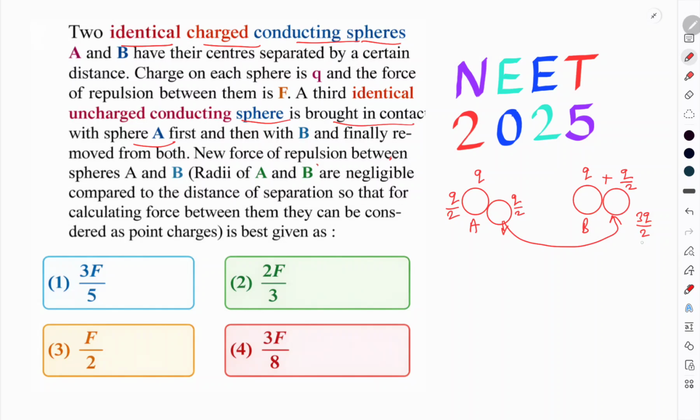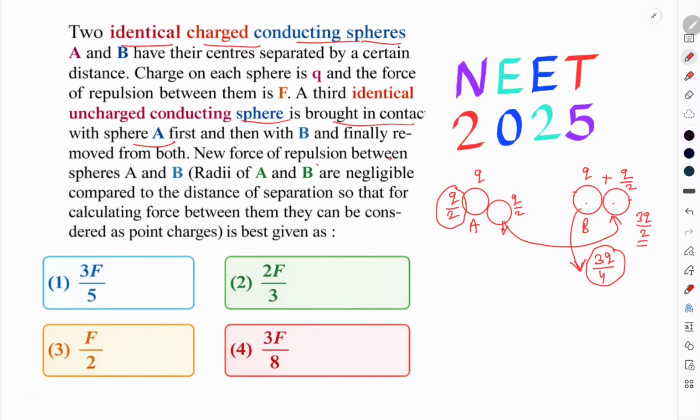Now this charge will be divided on both in equal amount, half on this one and half on this one. So on B the final charge is 3q by 4. So q by 2 charge is on A and 3q by 4 charge is on B. Those are the final charges.